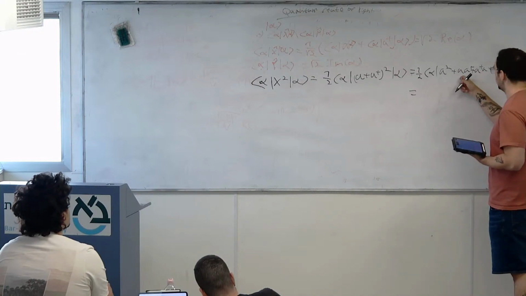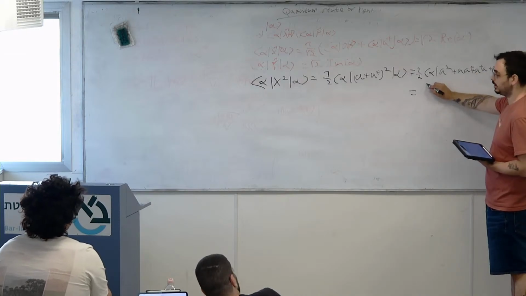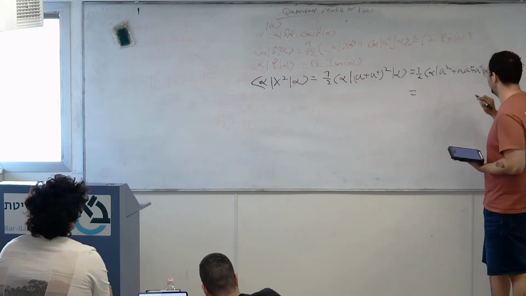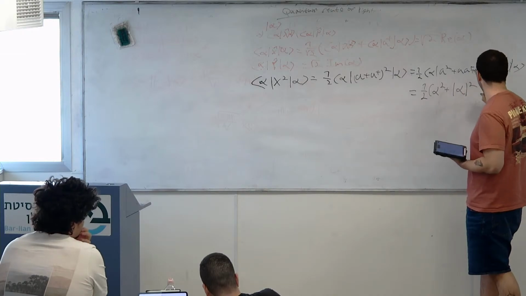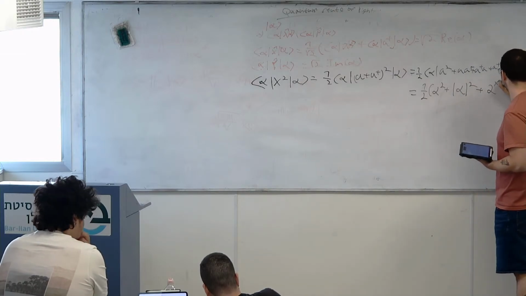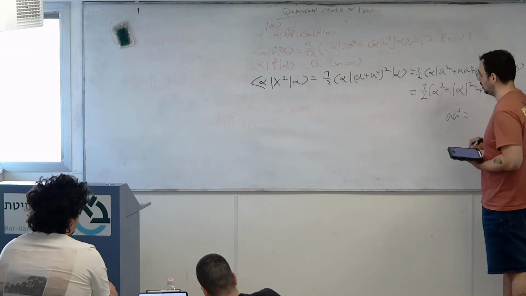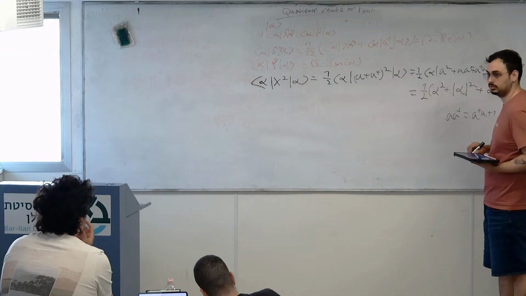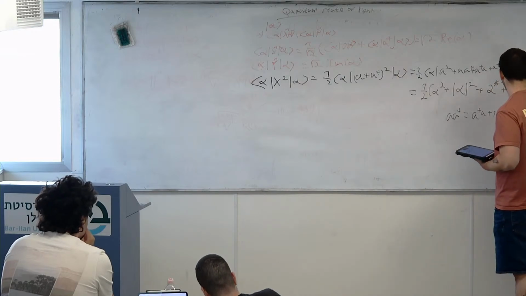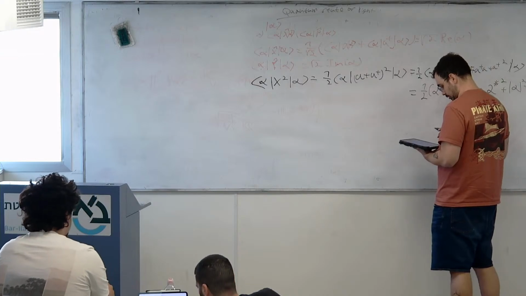This one is a bit of a problem, we'll talk about it in a second. This one, a dagger I can operate to the left, a I can operate to the right, so we get absolute value alpha squared. We have alpha squared plus absolute value alpha squared, plus alpha conjugate squared. Now for the a a dagger term, we know that it equals a dagger a plus 1, so we have plus 1.